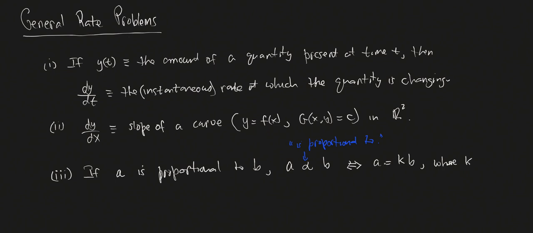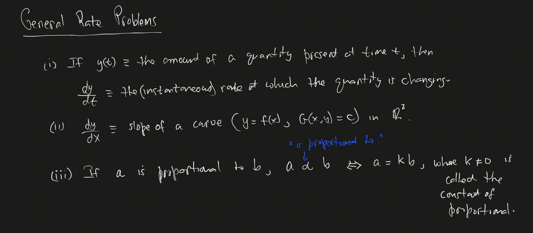And usually there are other bits of information given that would allow you to determine if it's positive or negative. But what we can say is that it's not zero. So k not equal to zero is called the constant of proportionality.